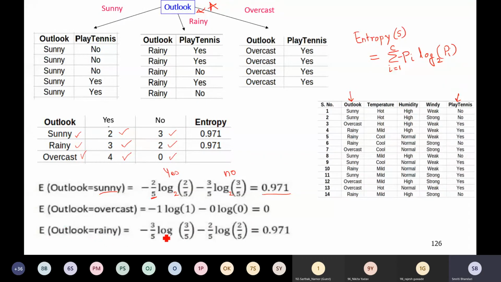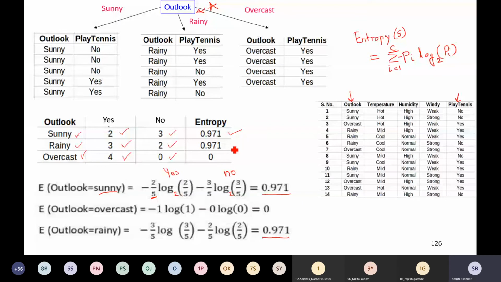For entropy of outlook equal to rainy, we have once again minus 3 divided by 5 log of 3 divided by 5 minus 2 divided by 5 log of 2 divided by 5. So once again the entropy for outlook equal to rainy is 0.971.